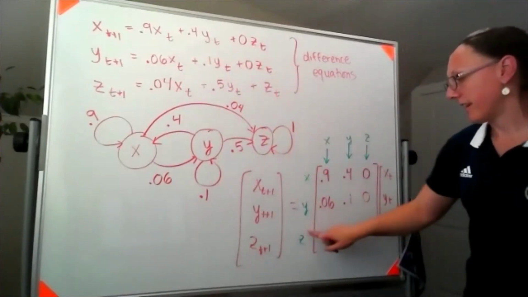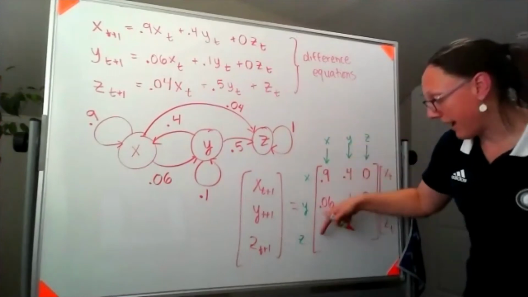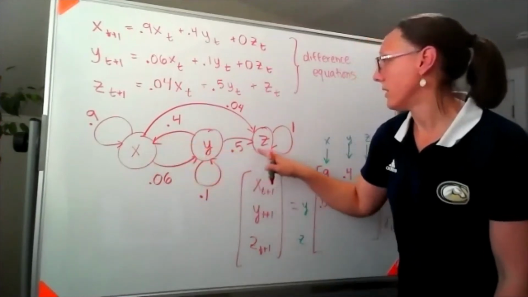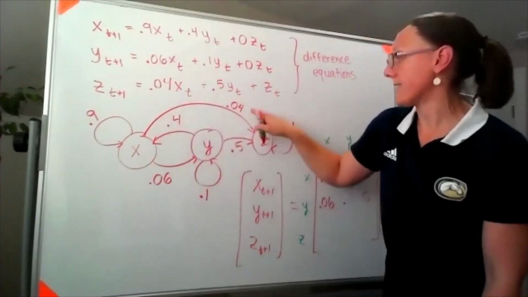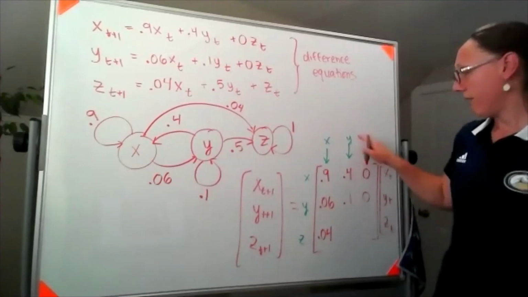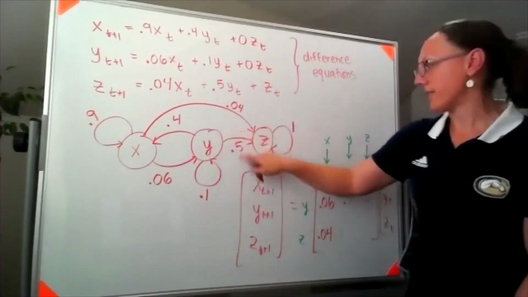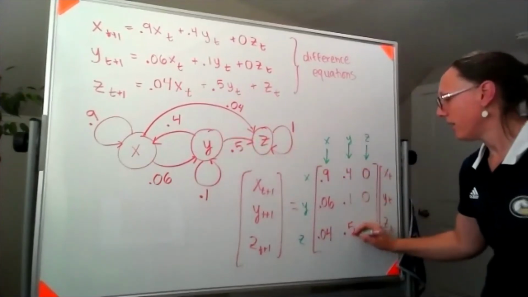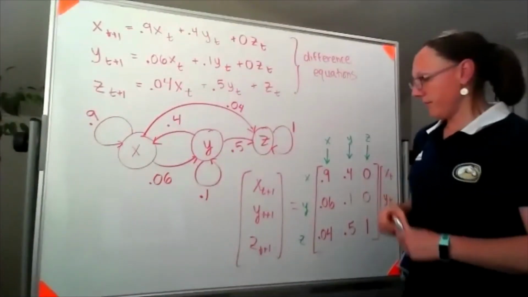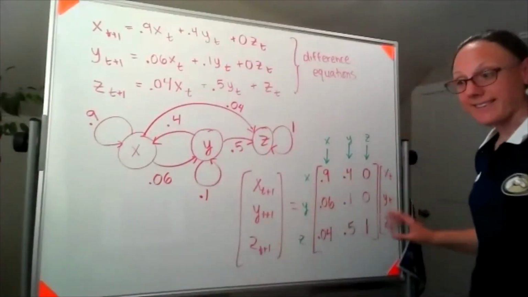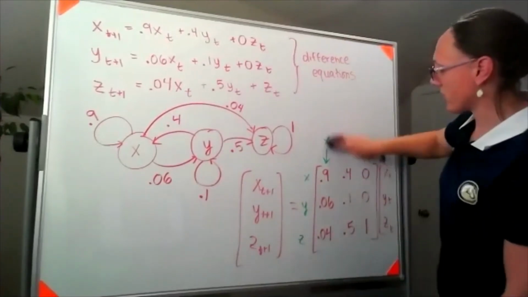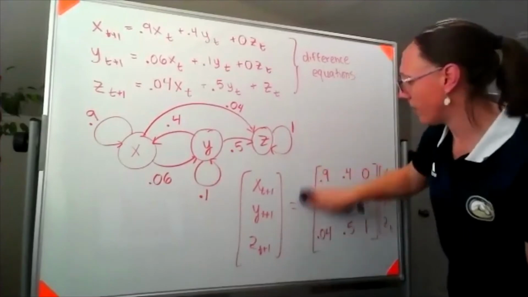Our last line here, what's coming in from x into z, x to z, 0.04. From y into z, I've got 0.5. And z into z, I had a 1. Now that I'm done setting up my matrix, I'm going to get rid of these. These were just reminding me what goes where.